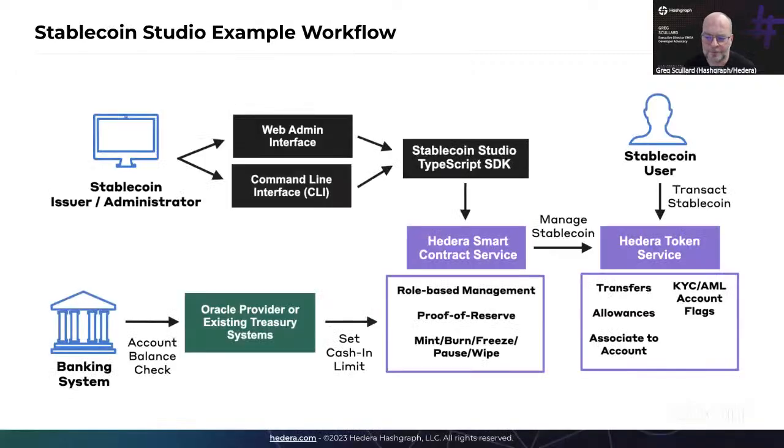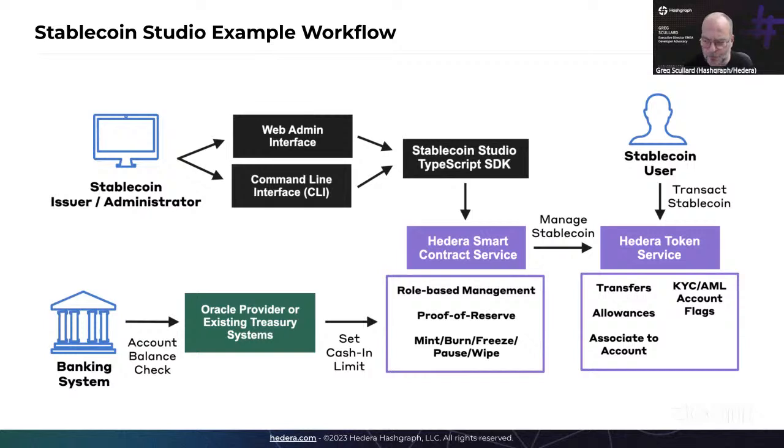So an example workflow here might be that if I'm an issuer or administrator of a stablecoin, I will use either the web interface that we've built or the command line interface, both of which interact with the SDK that we've created. And that SDK transparently communicates with either a smart contract or the native token service.